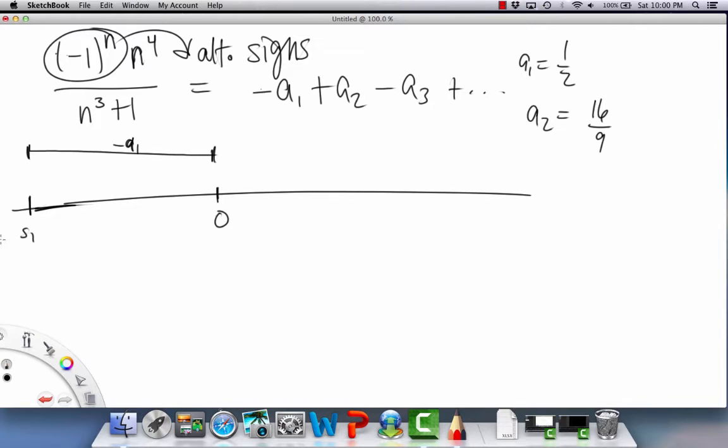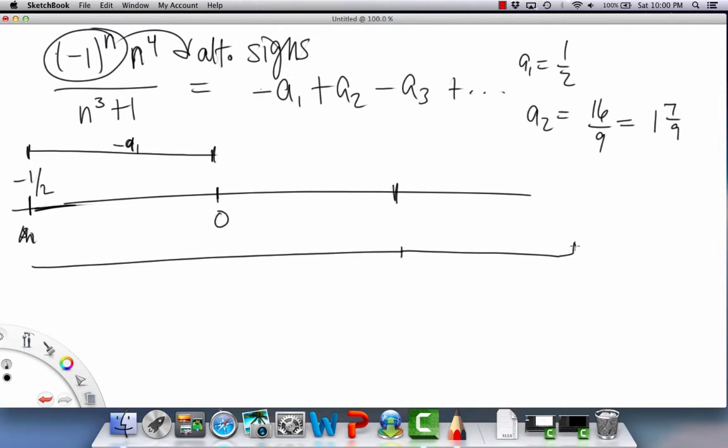So let's say this is -1/2. Then 16 over 9 is 1 and 7 over 9, so that goes past the 1/2 point over here. That's 1, since -1/2 plus 1/2 is 1, and then another 7 over 9 over here. So s sub 2 is going to be all the way over here somewhere.